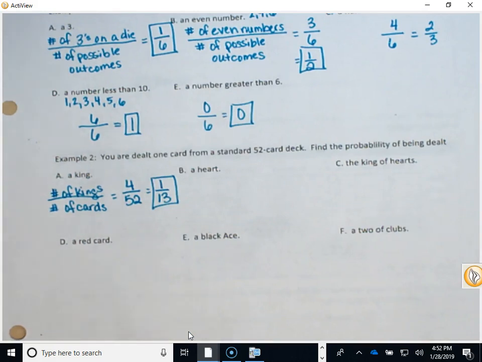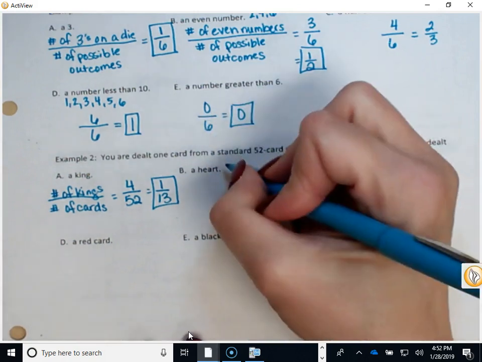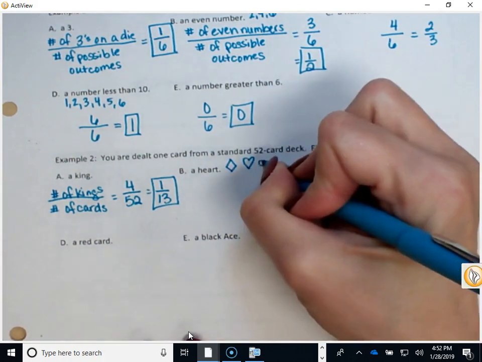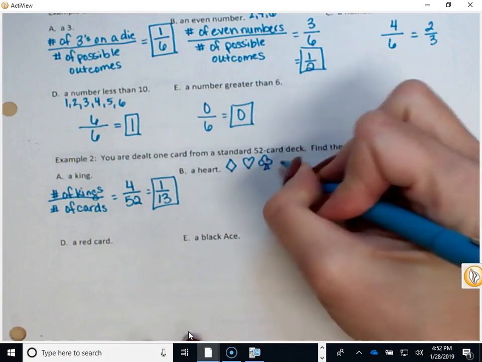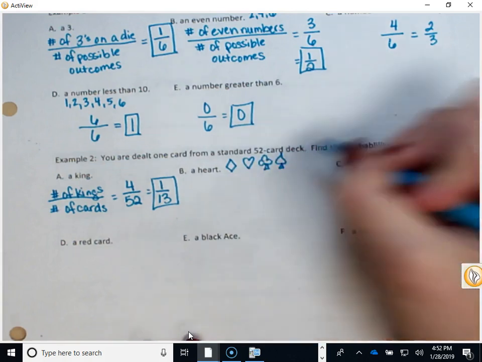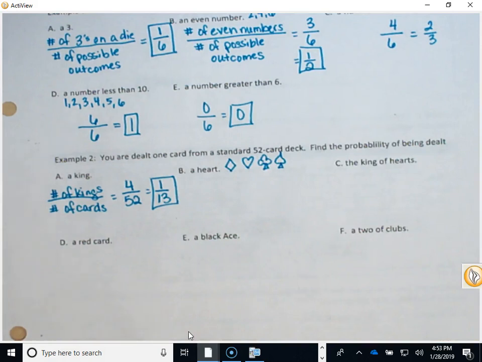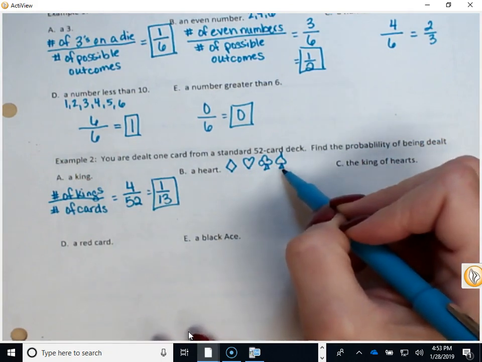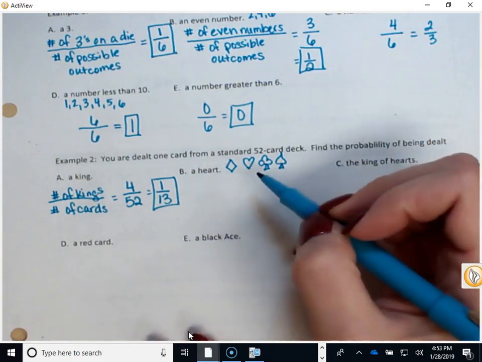The probability of drawing a heart out of the deck. Now, there are 4 suits in a deck of cards. There's diamonds, there's hearts, there's clubs, and then there's spades. So there's 4 suits. So since there are 4 types, there's actually 13 cards of each one of these, because 52 divided by 4 gives you 13.